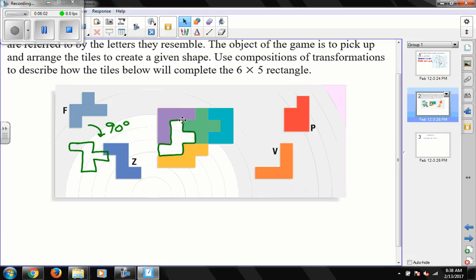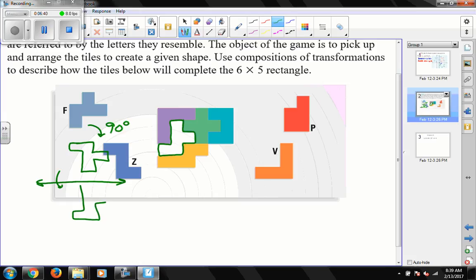Now we're getting closer to being able to fit this into that area, but we're not quite there. We've got an L shape at the top going to the left, but we need an L shape that goes to the left on the bottom. So we're going to reflect it over a line. We reflect that over the line, and we get a shape that looks much more like what we need.